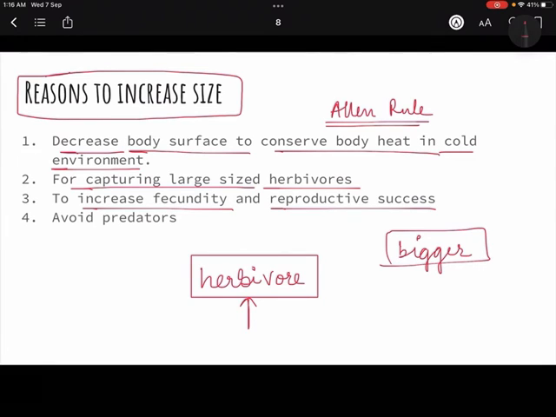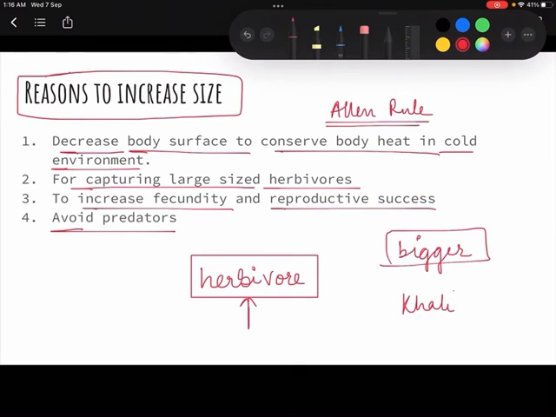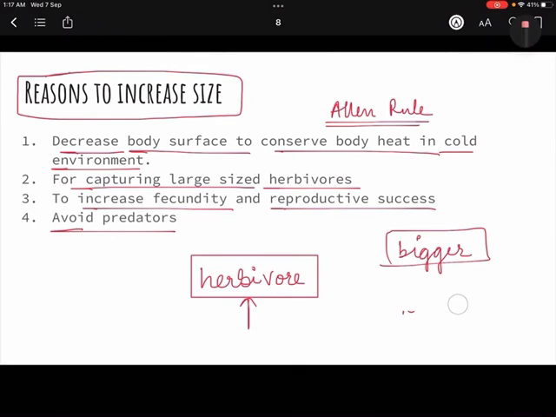The chances of survival of the child increases. Okay. Next is avoid predators. If you have a big size, gigantic size, everyone will be afraid of you, a small one cannot go and scare them. So it is the same thing. Okay.